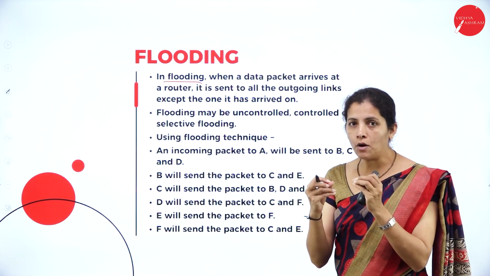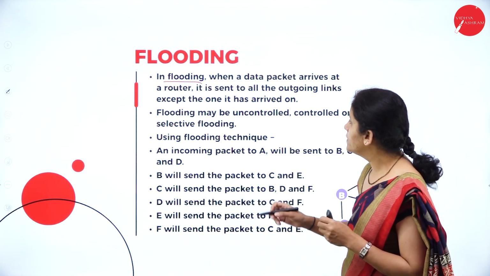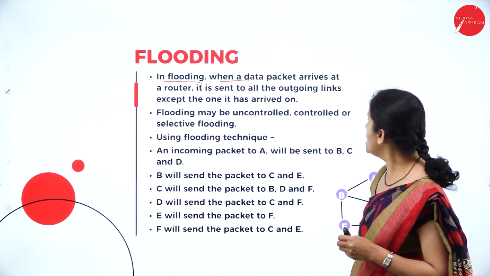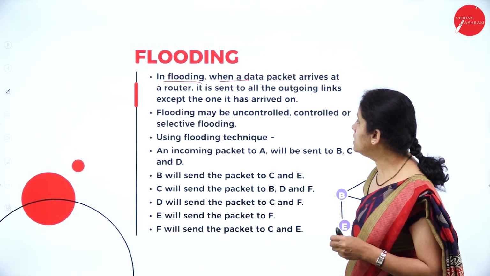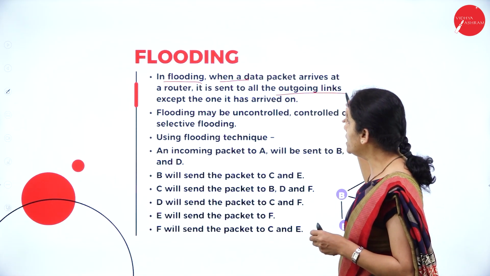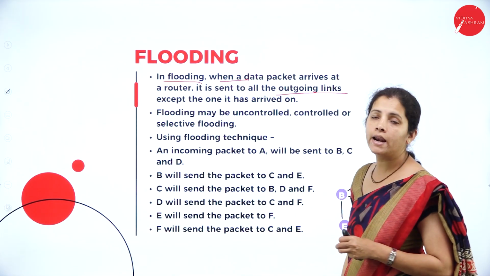I'm going to send all the data packets together. Okay, fine. So flooding: when a data packet arrives at a router, it selects all the outgoing links except the one it has arrived on.